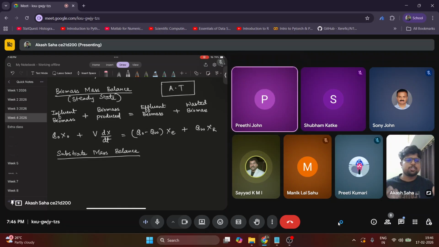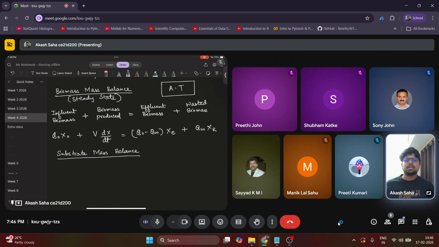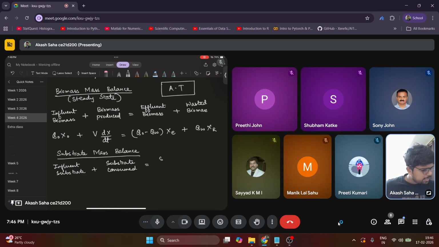It will be consumed or decreased. So I can write: influent substrate plus substrate consumed will be equal to effluent substrate plus wasted substrate.